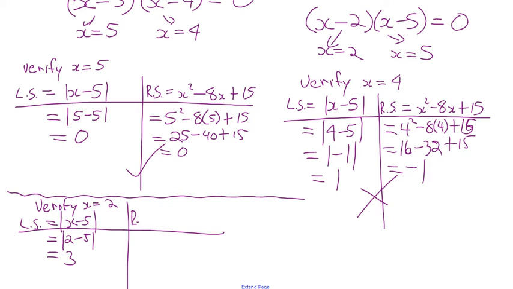The right side, x squared minus 8x plus 15, is 4 minus 16 plus 15, which is 19 minus 16, which is 3. So that checks, which we expected based on our case analysis. We're not going to rely on that. We'll just let it guide us and say, probably this one will check.